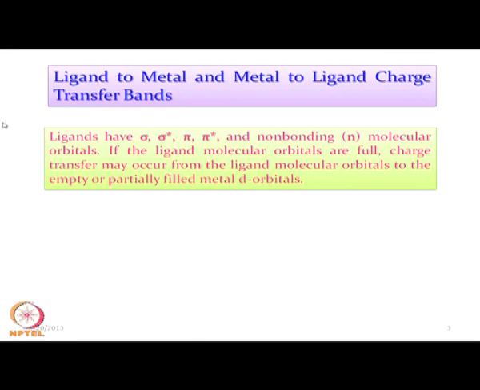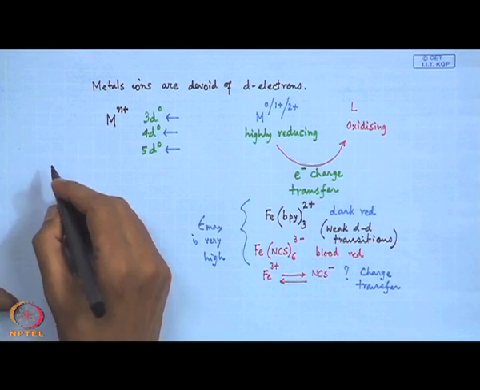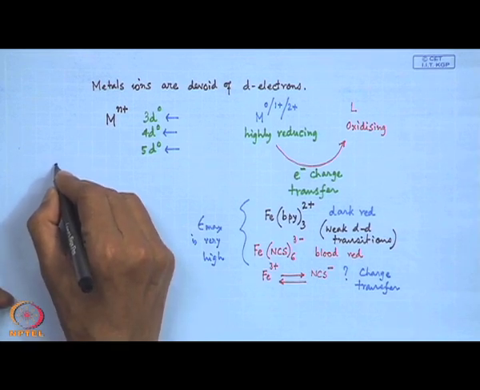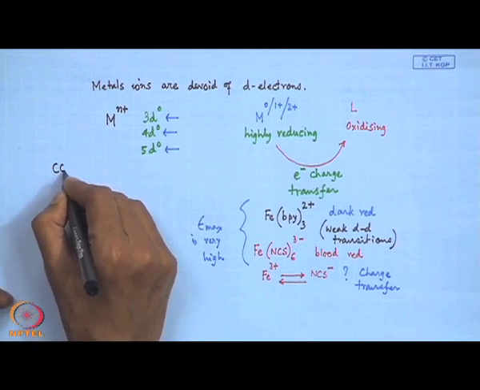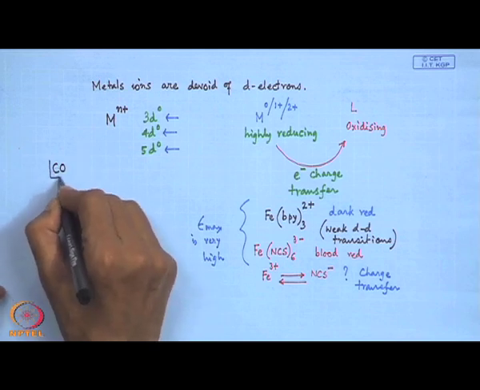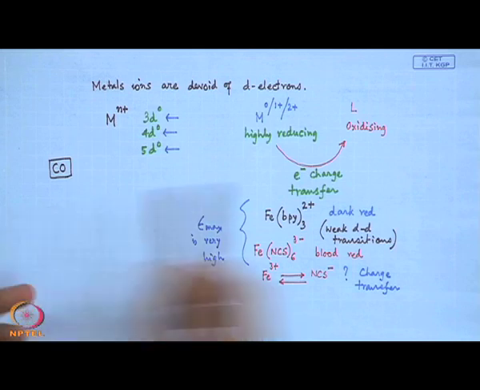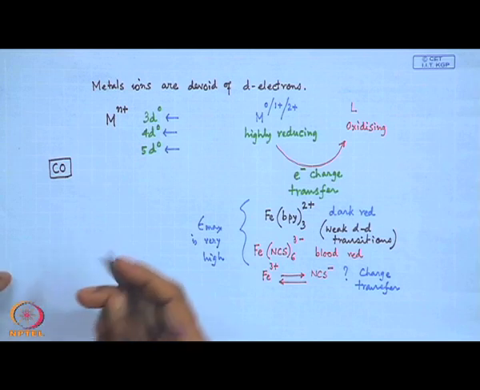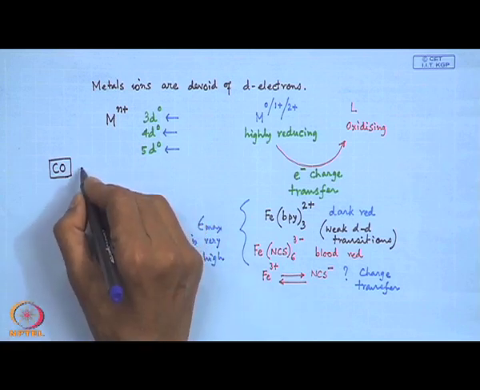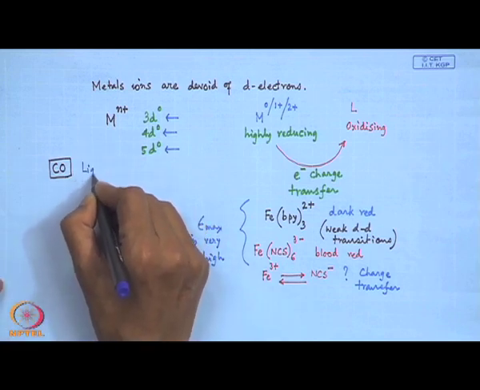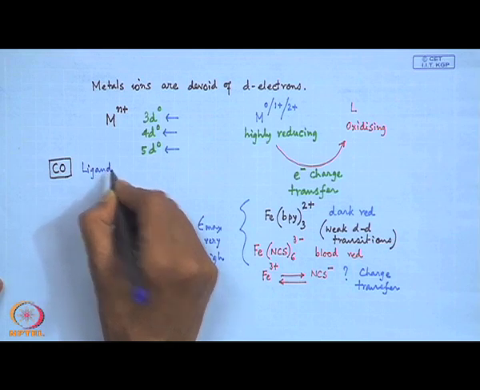So, we will see what the different types of ligands are. We can see the corresponding molecular orbital of carbon monoxide. As we all know, carbon monoxide can be a very good ligand to a particular metal system.